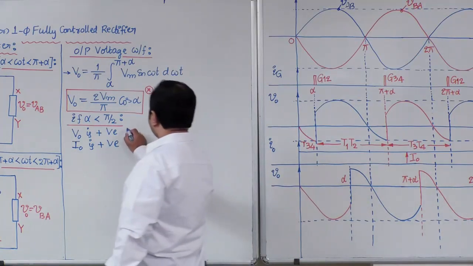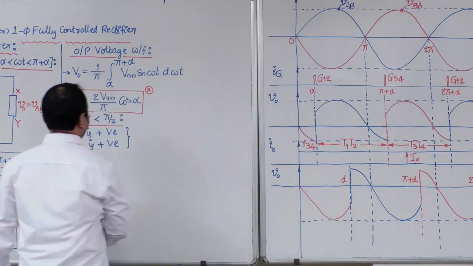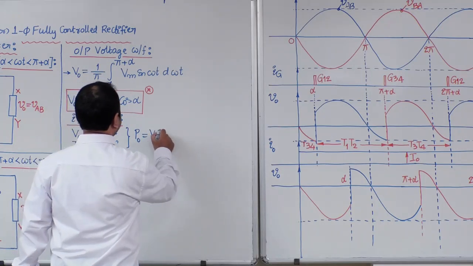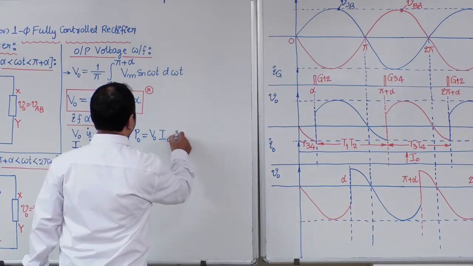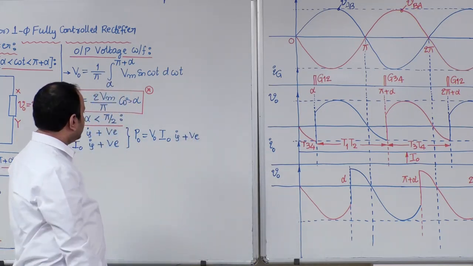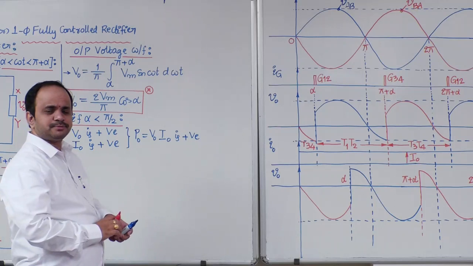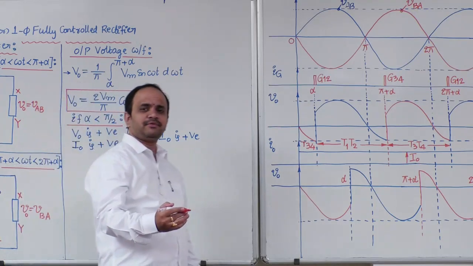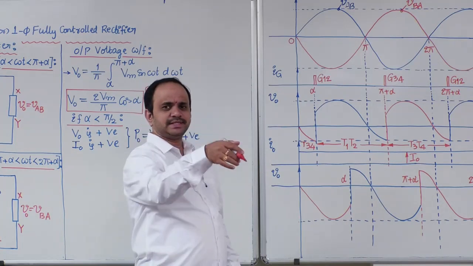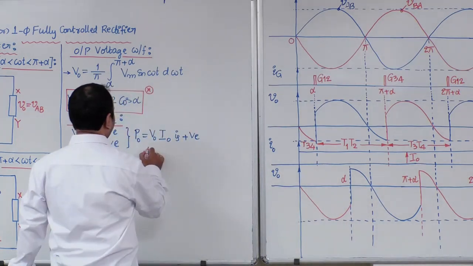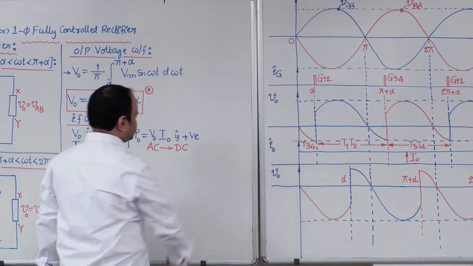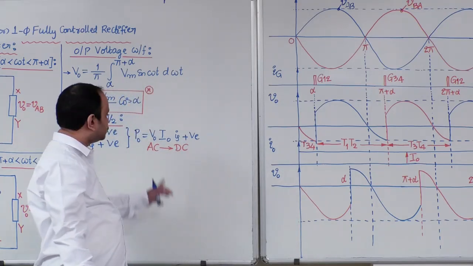Due to these two, power delivered to the load, which is the product of V0 and I0, is positive. If power delivered to the load is positive, the direction of the power is from source to load, whereas the source is AC and load is DC. Hence the direction of the power flow is from AC source to DC load.